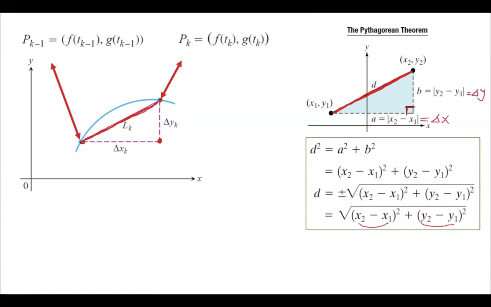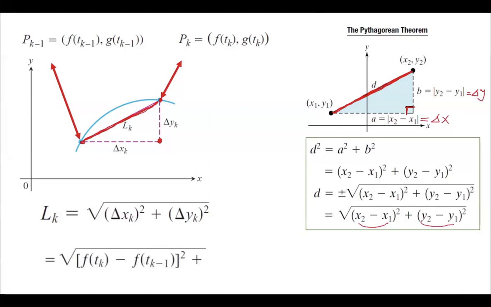So d can be written as the square root of delta x squared plus delta y squared. So L sub k, or the length of this line segment, is the square root of delta x sub k to the second plus delta y sub k to the second, which can be written as the square root of, well, remember that your x is a function of t.